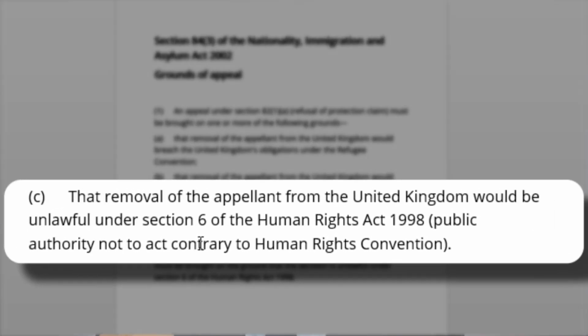This says, as relevant, that the appeal must be brought on one or more of the following grounds. And for our purposes, this is that removal of the appellant from the United Kingdom would be unlawful under Section 6 of the Human Rights Act 1998. And that relates to a public authority not being able to act contrary to the Human Rights Convention.